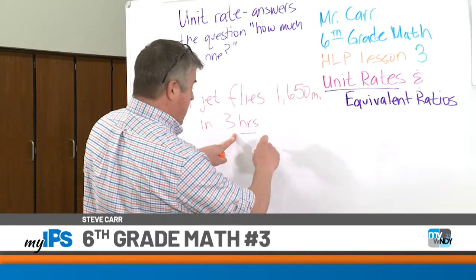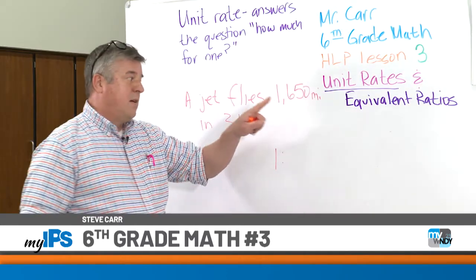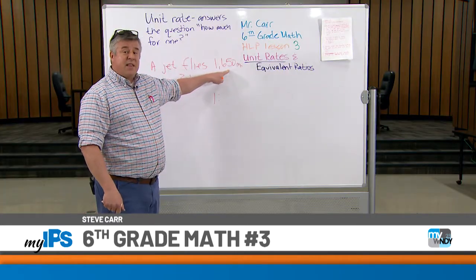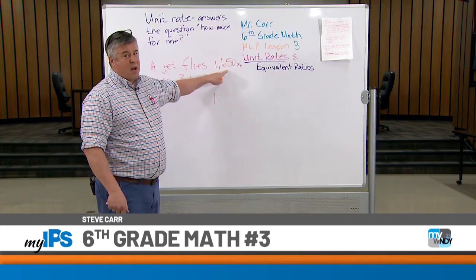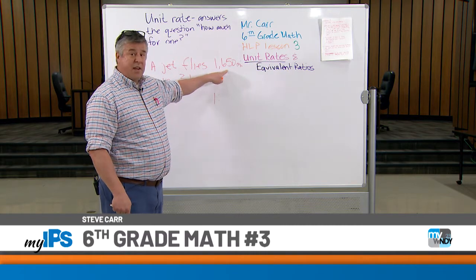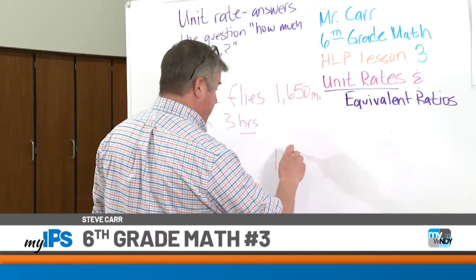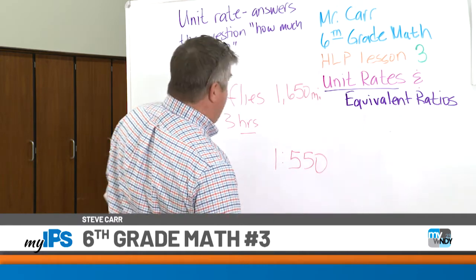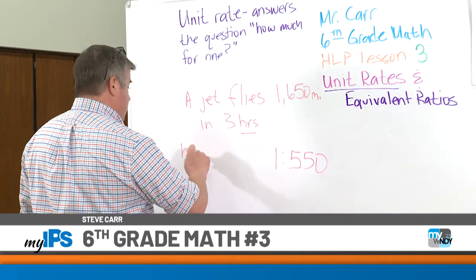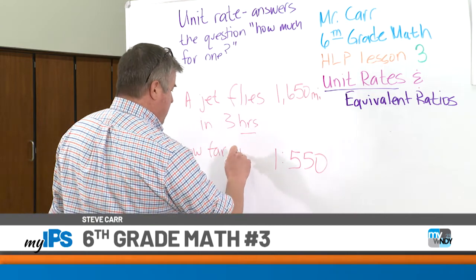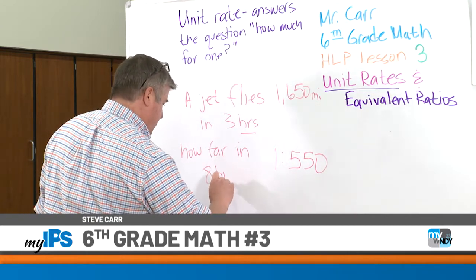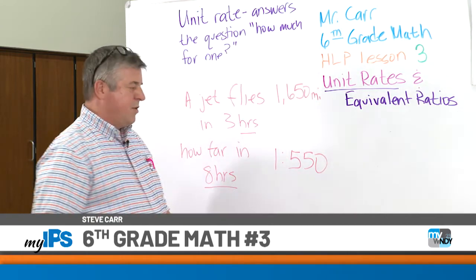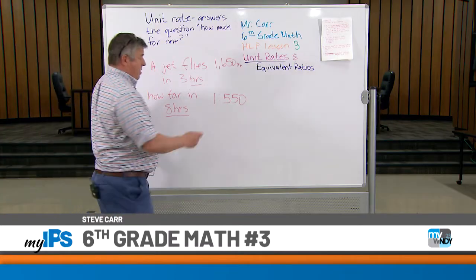3 divided by 3 is 1. Now we have to take our miles and split that into 3 pieces. And when I take 1,650 and cut it into 3 equal pieces, I'm going to get 550. We want to know how far it flies in 8 hours.